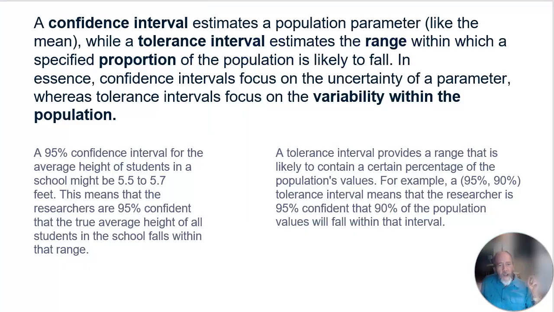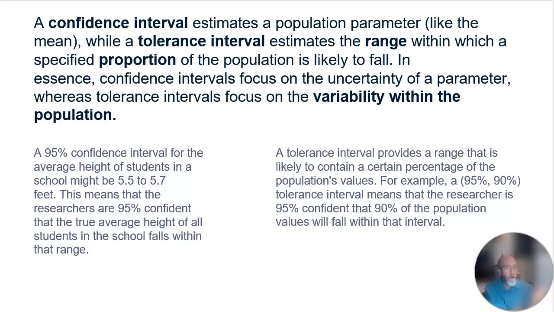So we just dealt with a confidence interval, which estimates a population parameter, like the mean, while a tolerance interval estimates the range within which a specific proportion of the population is going to fall. That's important in manufacturing because you're going to want to be able to say that X percentage of the population of parts are going to fall within this specific range inside of that tolerance interval.